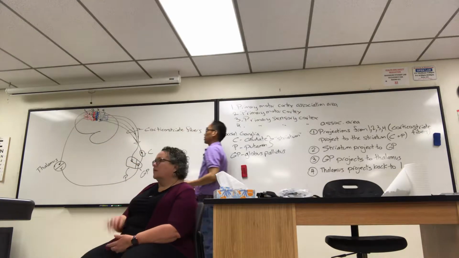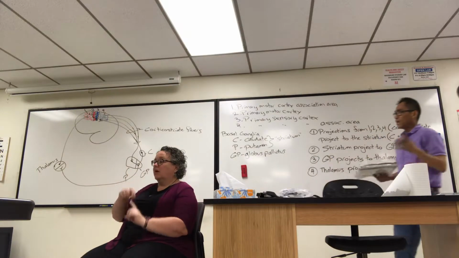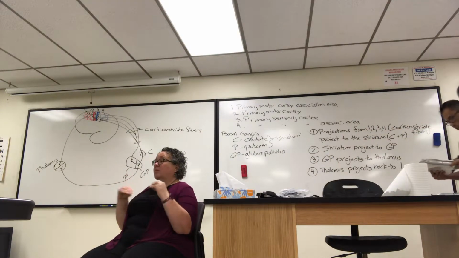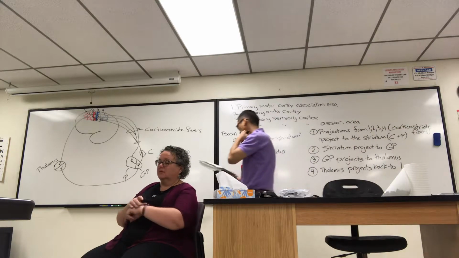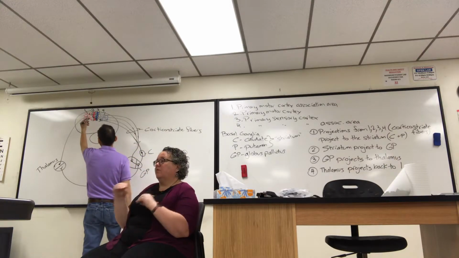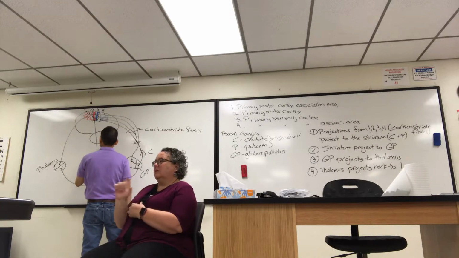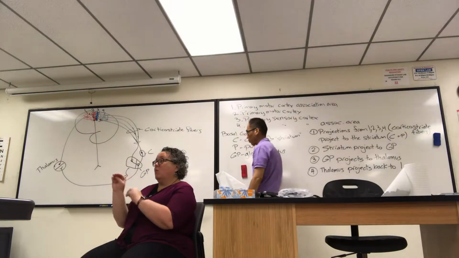So that's the circuit. You receive all the inputs, motor and sensory, and if you have to make an adjustment in your movement, you project back to the premotor cortex, and then you can adjust your movement. So I guess as a last step, I'll put a cell that goes down from the primary motor cortex that projects down to spinal cord.